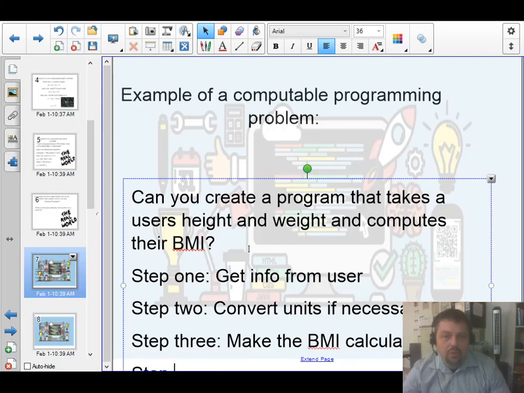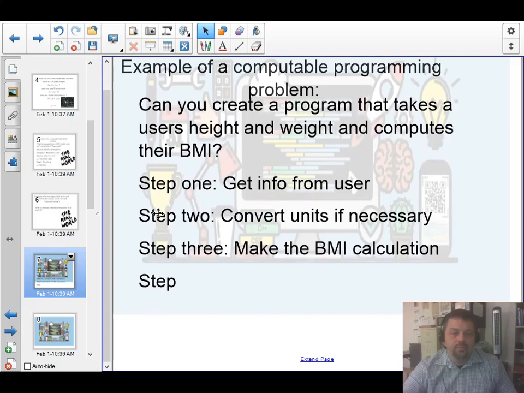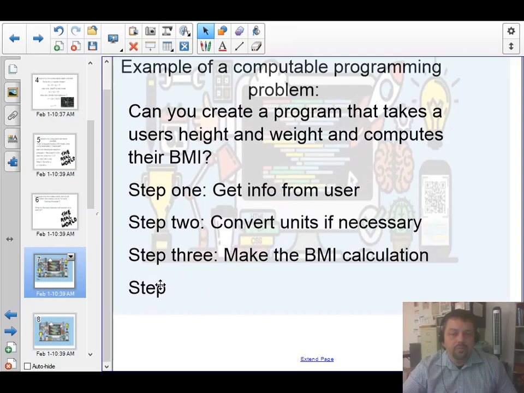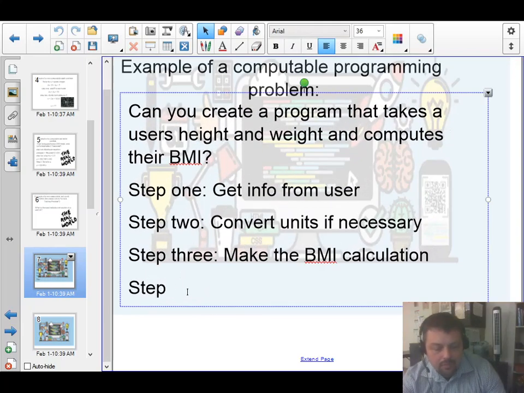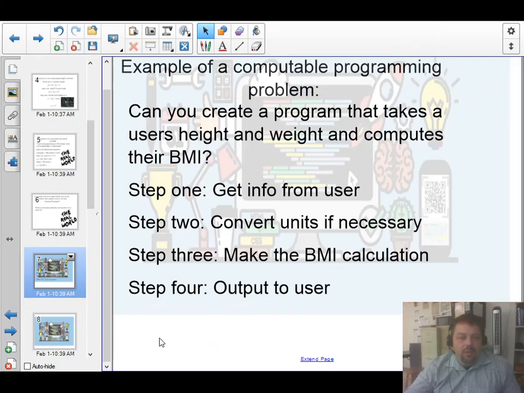And then step 4 would be to output to the user. So that's a pretty simple computer problem here.